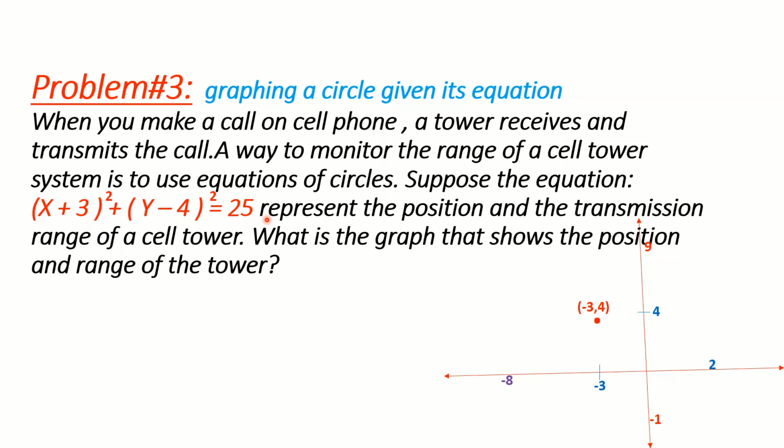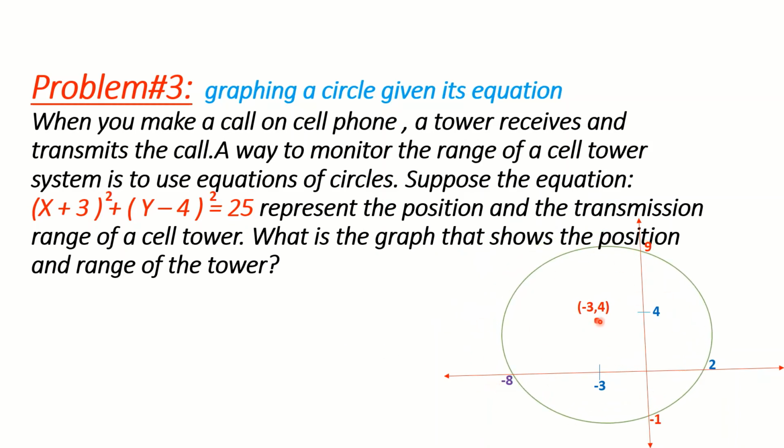Look at this equation. You can rearrange it: (x + 3)² + (y - 4)² = 5², which means the radius is 5. The radius is 5, and what is the center, (h, k)? Look at this graph.